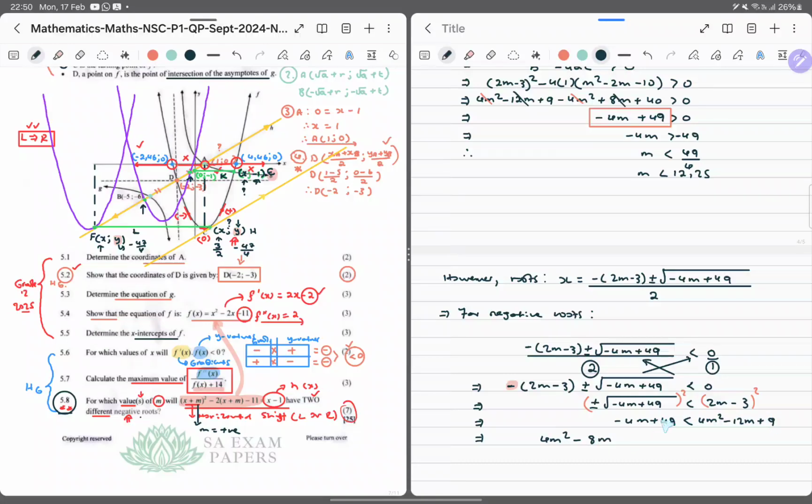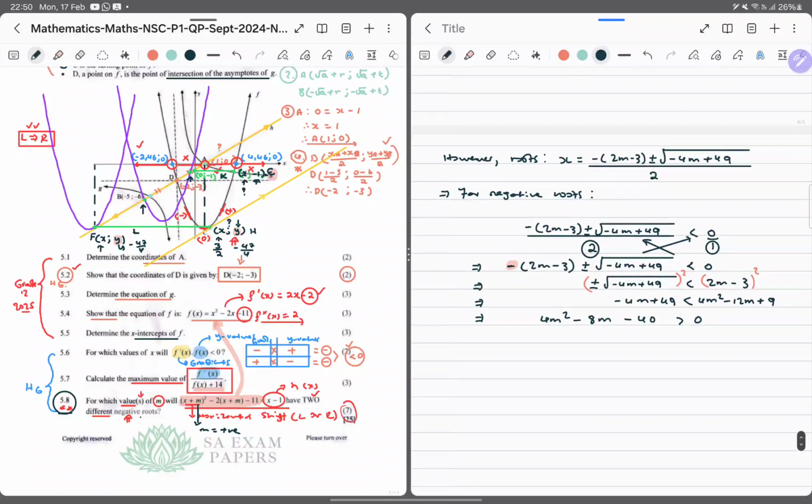Then 9 minus 49 is going to be minus 40. But this time is going to be greater than 0. Unfortunately, this one needs to change when we do this. You can consider this as taking this to that side first and then multiplying by negative. This changes. Or you just know 0 is less than whatever this is once we transpose. So it means this thing is greater than 0, so that we can solve.